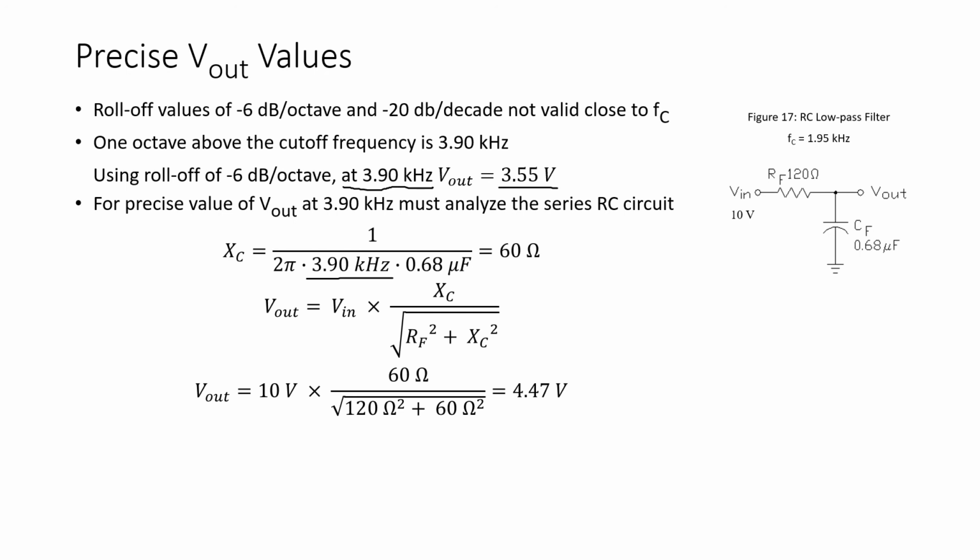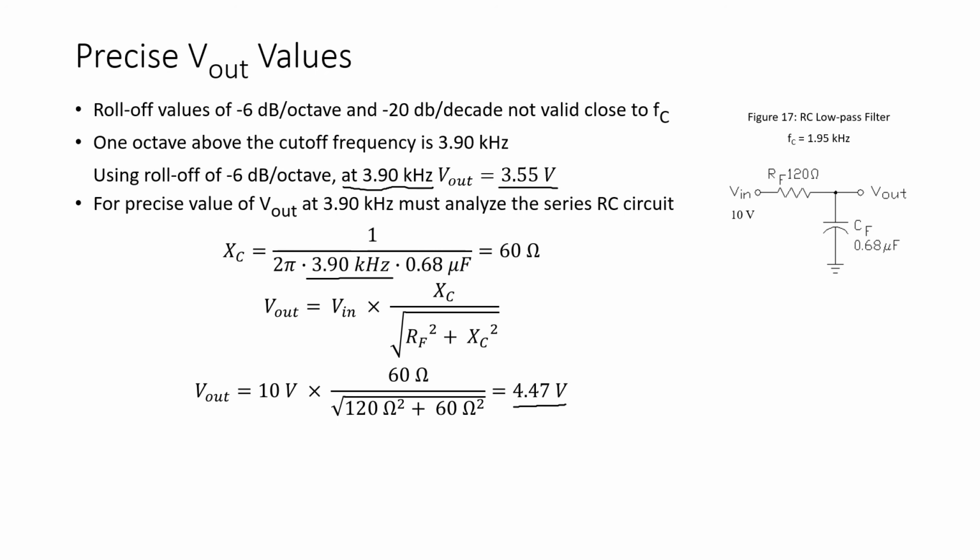And then I'd simply solve for Vout, which equals the voltage across the capacitor, which I can calculate using the voltage divider formula, Vin times X sub C over the square root of R squared plus X sub C squared, which yields a value of 4.47 volts.